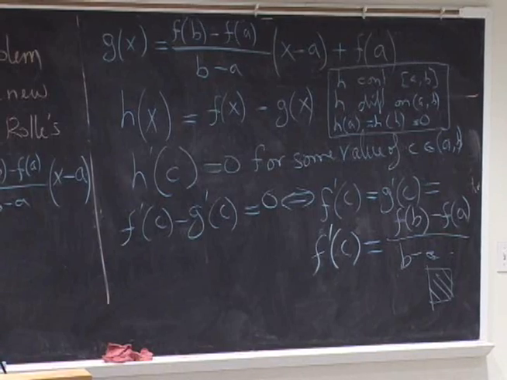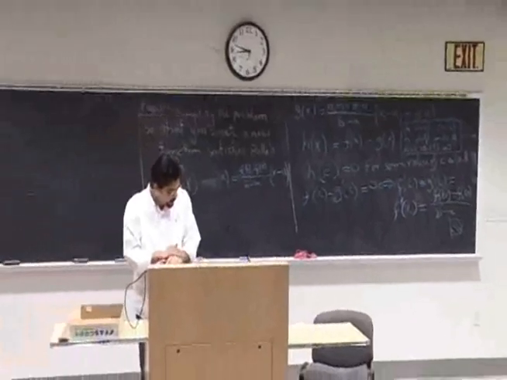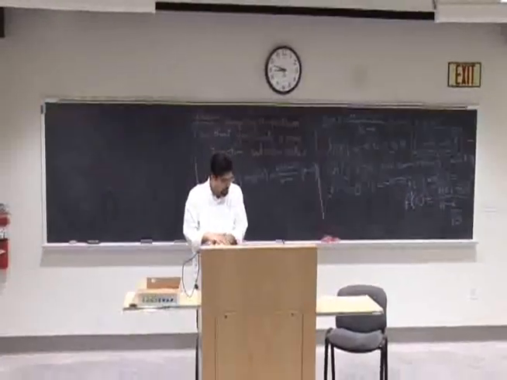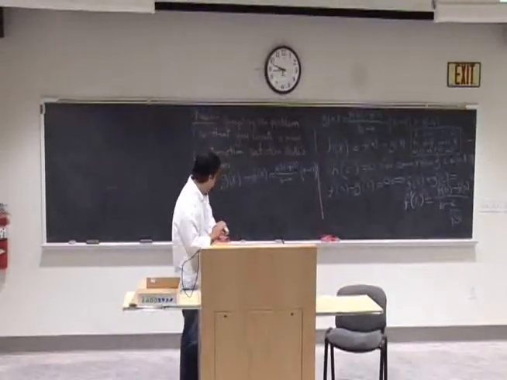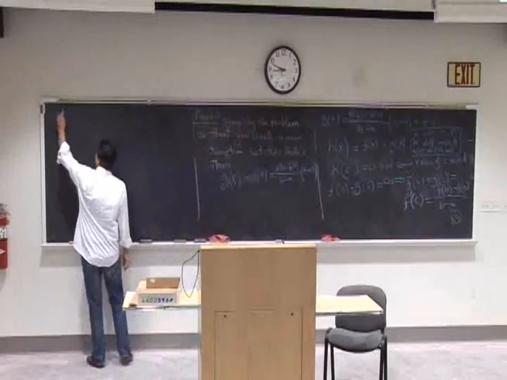Okay, the consequences, I promise that the consequences of this mean value theorem are very important. Before getting into the purely mathematical consequences, I want to give you a physical interpretation of what the mean value theorem says.